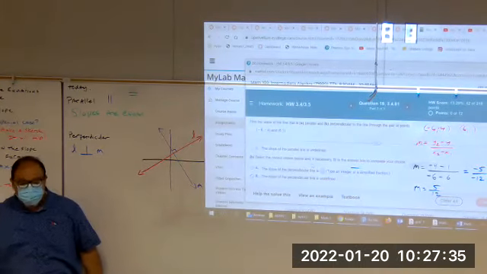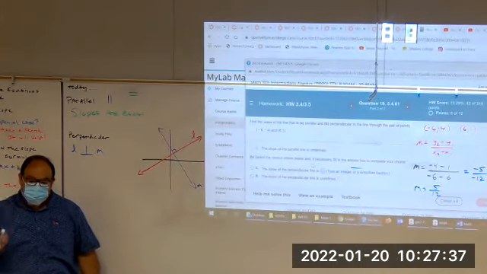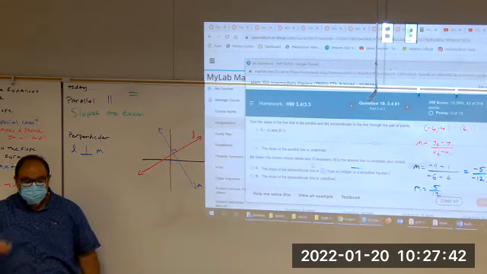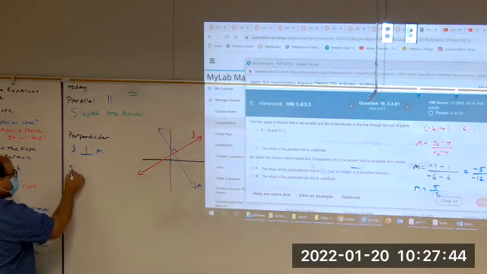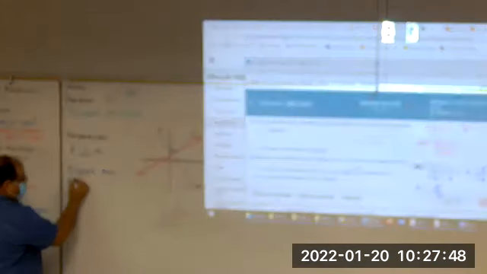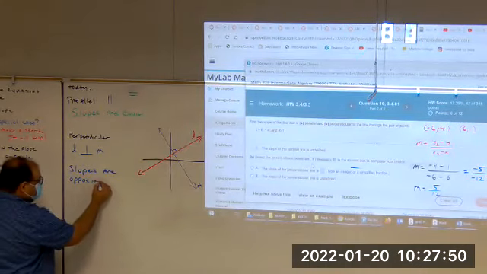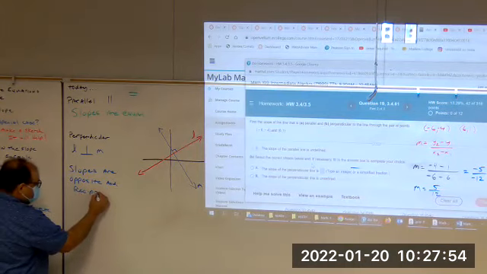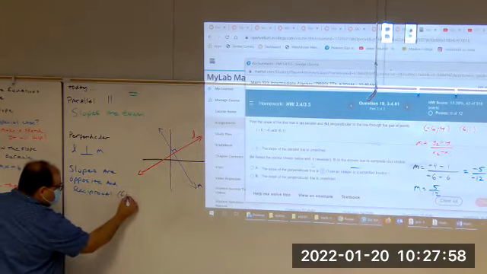Opposite and reciprocal, both. You have to change the sign and flip the fraction. Slopes are opposite and reciprocal. Now, reciprocal means you're going to flip it.